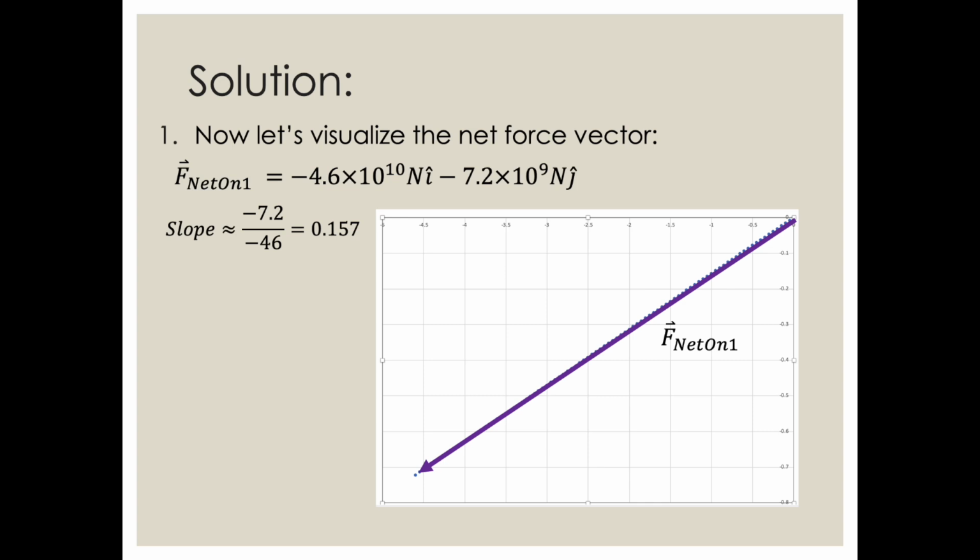So we want to calculate the slope of the vector, and in order to do that, it's negative 7.2 divided by negative 46, which equals 0.157. So here I'm showing the vector, which is 4.6 long in the x direction and 0.72 long in the y direction.